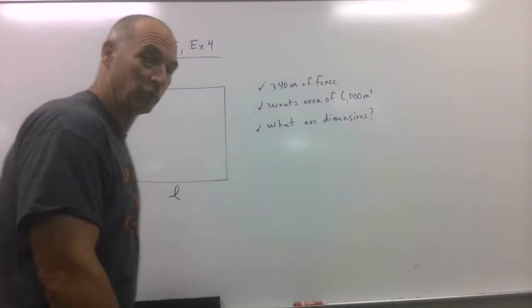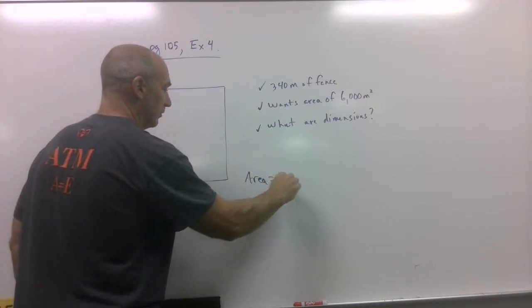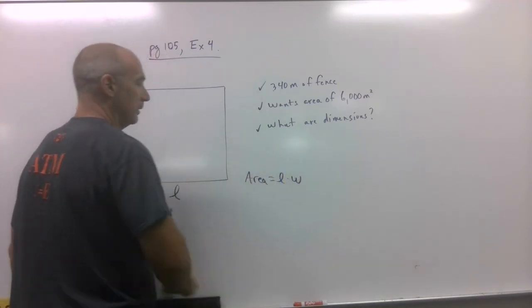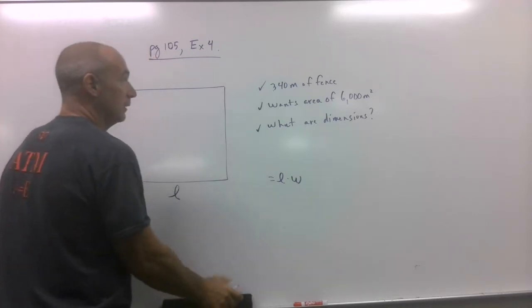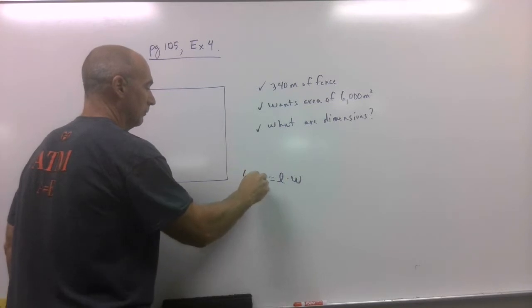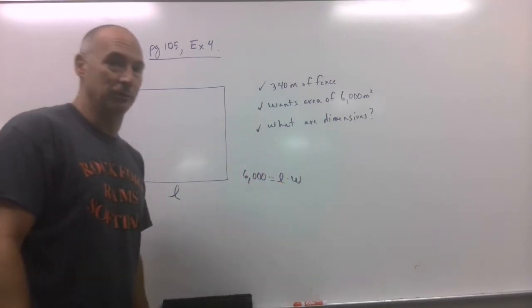But we're going to have to use those two formulas. The first one is the area equals length times width. Notice she wants an area of 6,000 square meters. That's the language of area, okay?